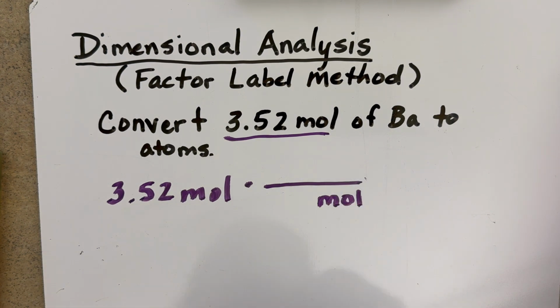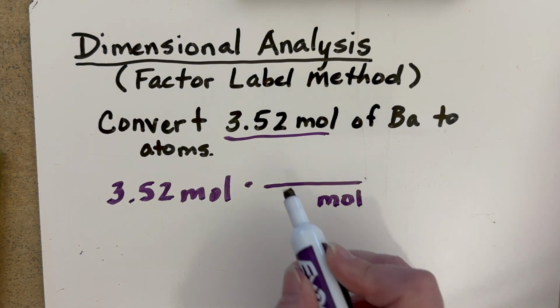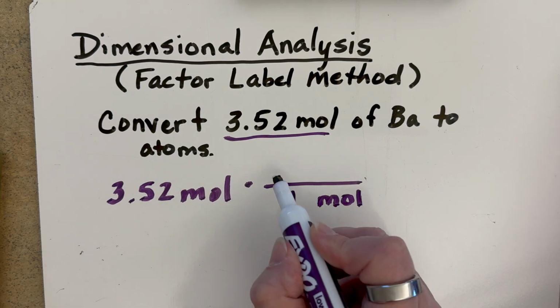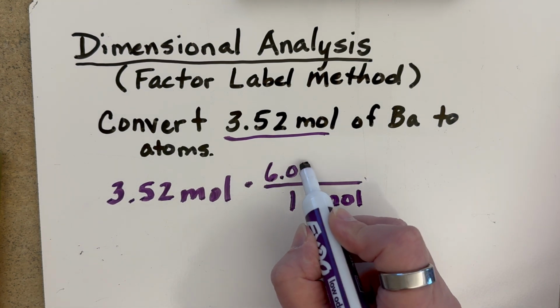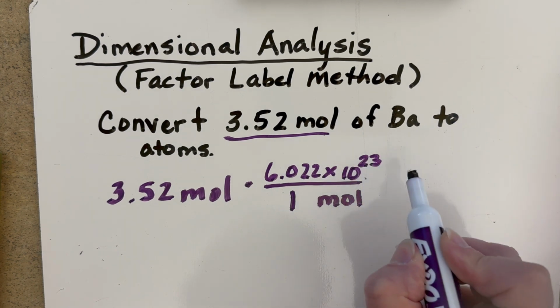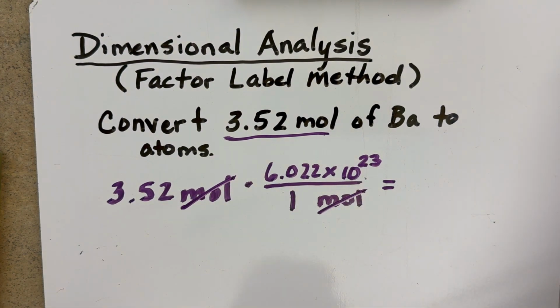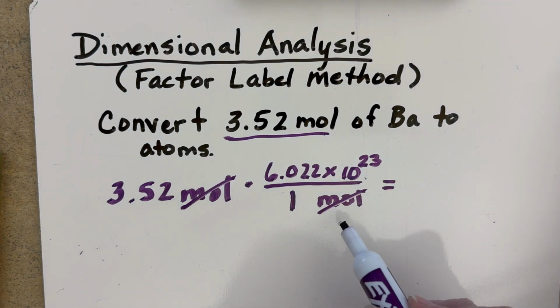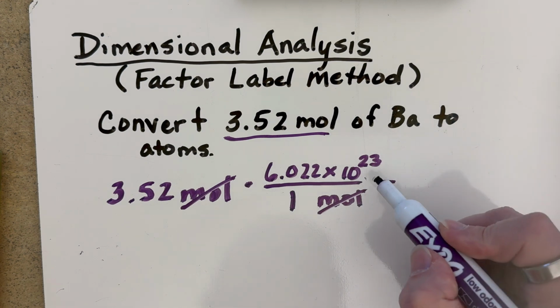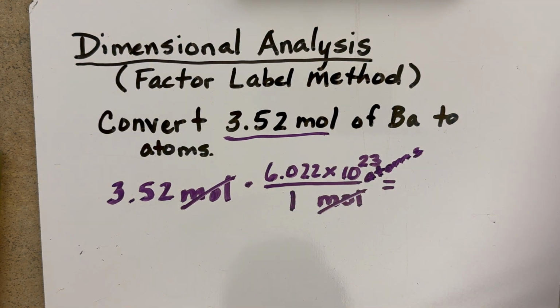And what we're trying to get to on top, we're trying to find atoms, so atoms will go on top. And 1 mole of anything is 6.022 times 10 to the 23rd. So the mole unit will cancel, and that's the whole idea of dimensional analysis or factor label, that whatever unit you have cancels and you go to this new unit, which is atoms. Sorry, I forgot to put that in there.